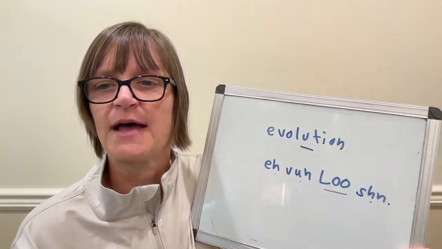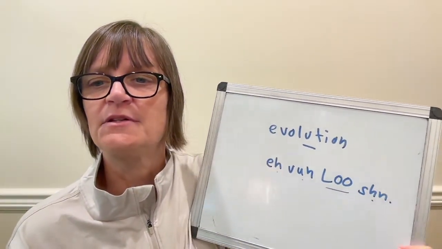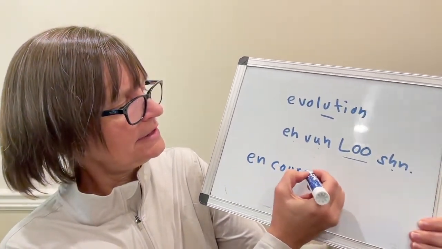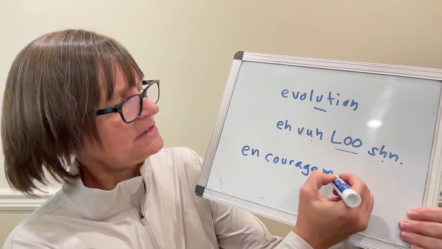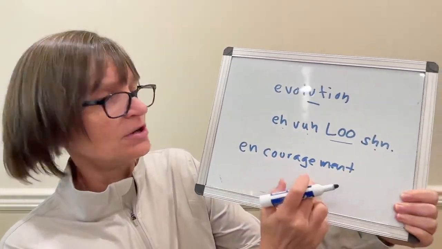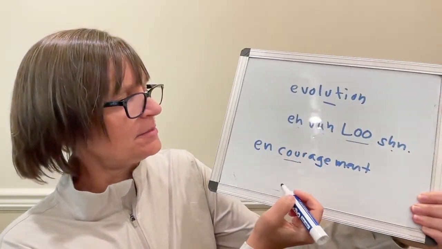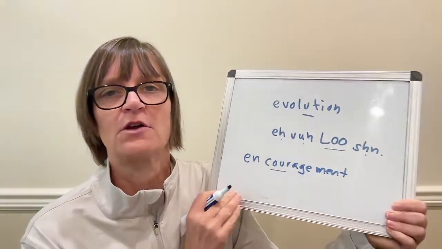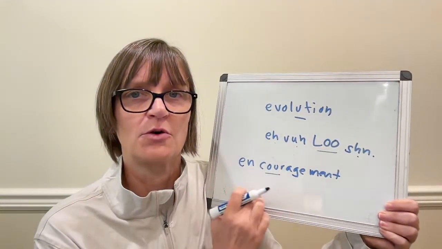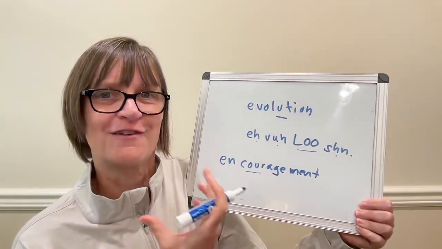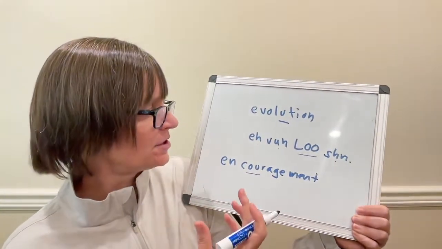And then you're also asking about "encouragement." So this has the word "courage" within it and has the same stress as "courage." We're stressing the cur syllable. Some people say "courage" with more of an oo, but it's more typical in American English, I think, for it to be just a schwa sound, "cur."